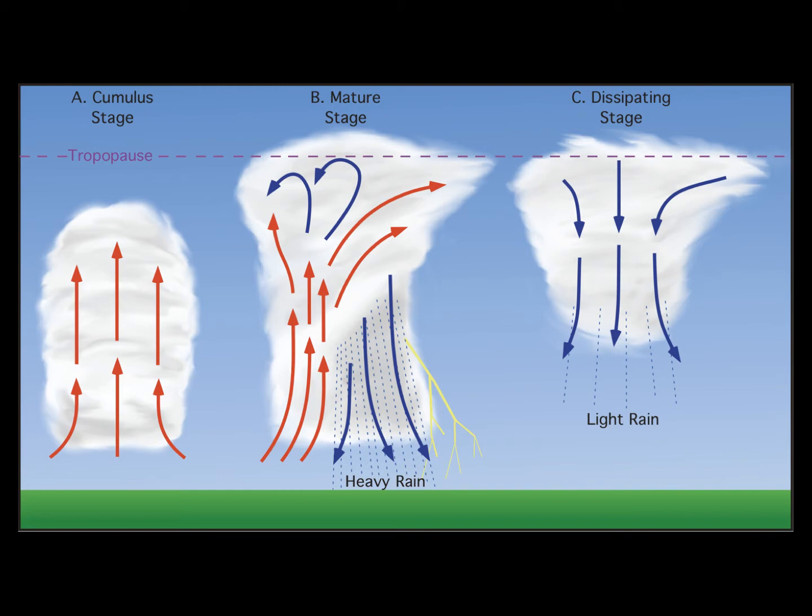So there is the cumulus stage, which involves the upward movement of a parcel of air in the atmosphere, clouds developing in that parcel due to condensation. The air currents are upward, like a hot air balloon. When it reaches the top of the tropopause, we've reached the mature stage.